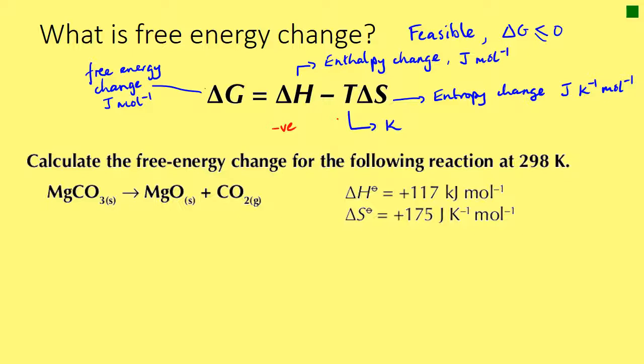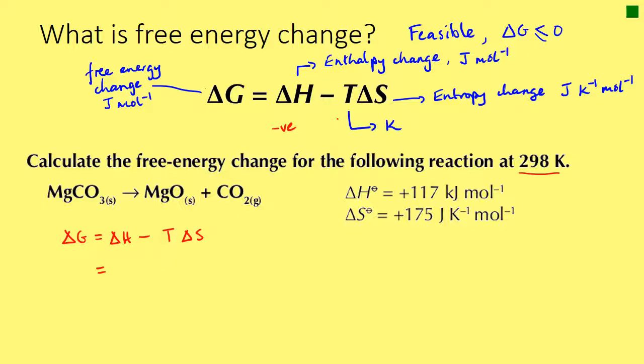It's all happening at 298 Kelvin, and we're given the enthalpy change delta H at standard conditions, which happens to be 298 Kelvin, and our entropy change as well. So let's remind ourselves our delta G, which is what the question is asking for, is going to be our enthalpy change minus temperature in Kelvin times our entropy change.